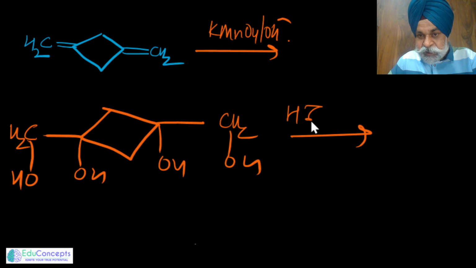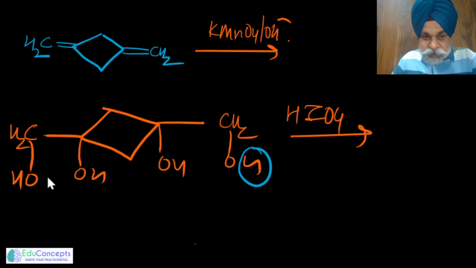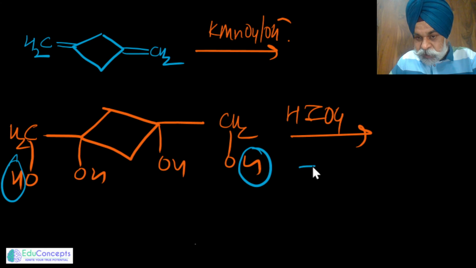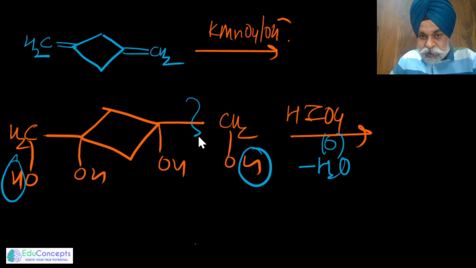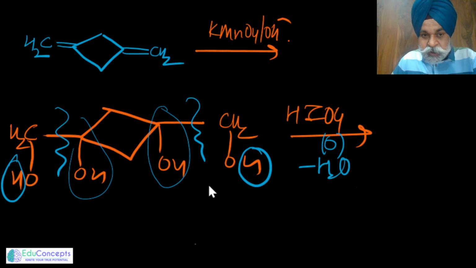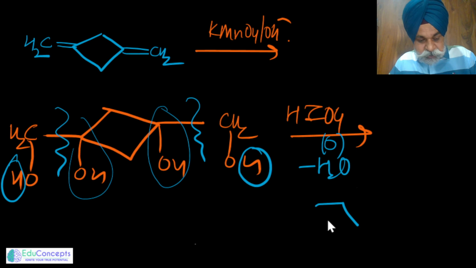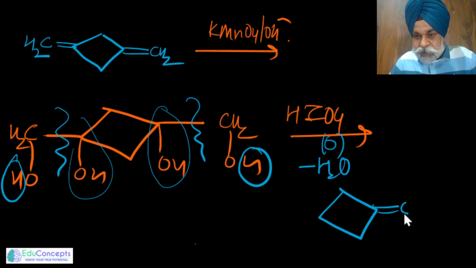When I treat this with HIO4, 2 moles of formaldehyde would only be formed when this H and this H go out as water, which we get from the nascent oxygen, and the bond gets broken from here, isn't it? And this part would then convert into a ketone, and this part also would convert into a ketone. So basically what you end up getting in this reaction is a ketone along with 1 formaldehyde on this side and 1 formaldehyde on this side.